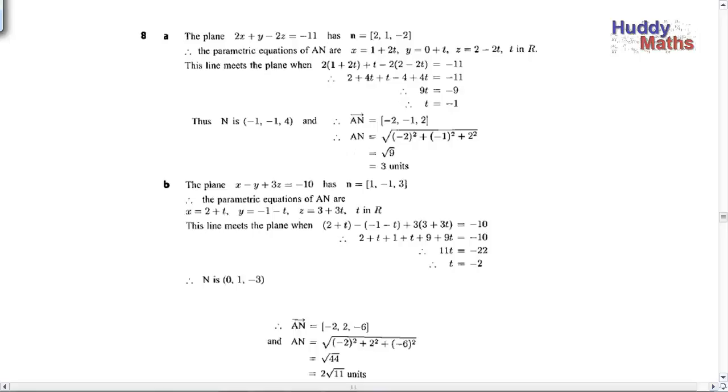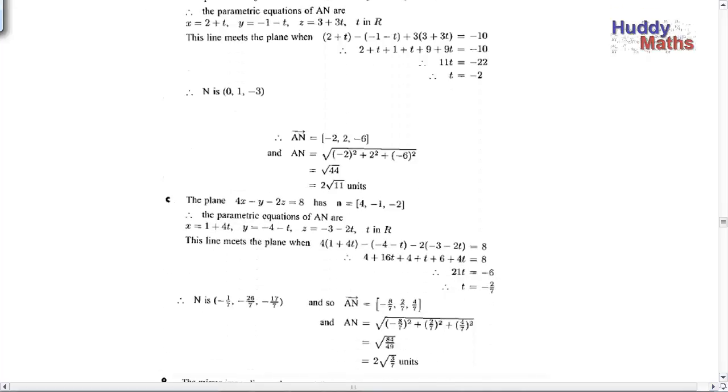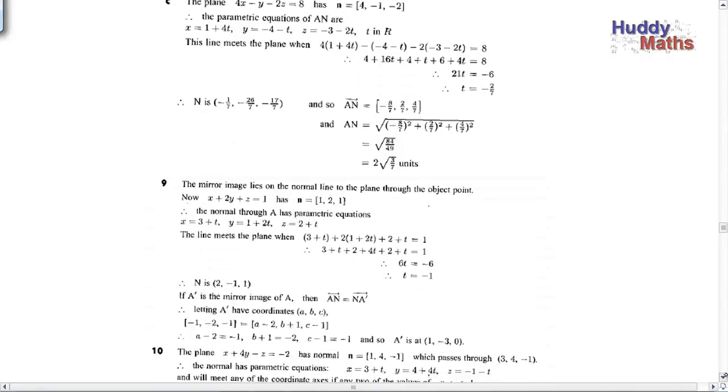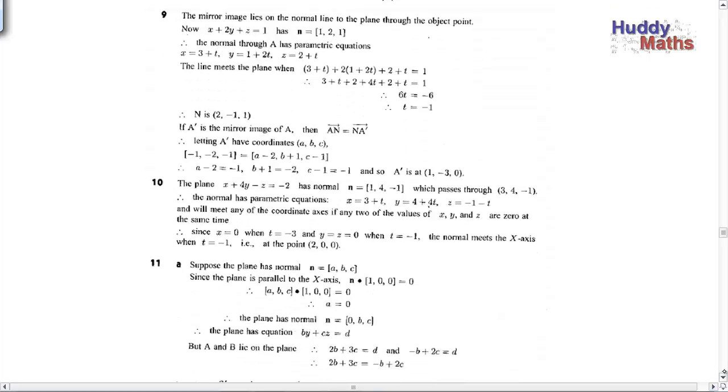Okay, so there's 8, A and B. Got quite a few solutions for you here. Oops, just bring C up. And C then. And 9. 9 and 10. I think we've got most to 11 on. We'll have a look at that in a minute.